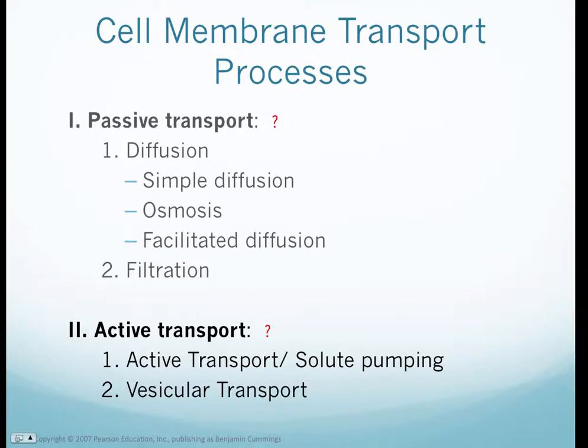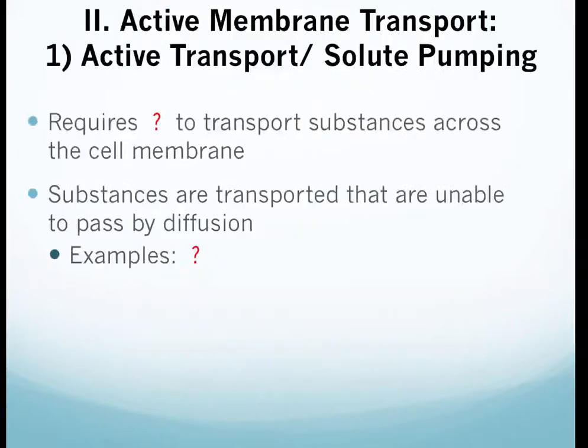All right. Now, this next portion is going to require energy, and this is going to be active transport. There's two things you need anytime you need energy: a protein carrier and ATP, because we need that energy.